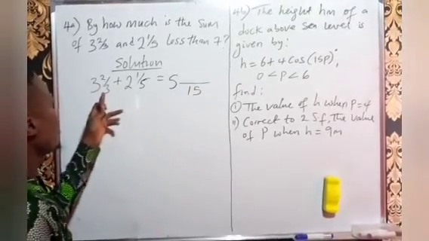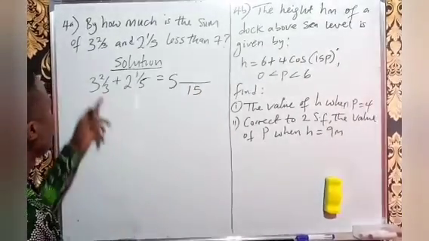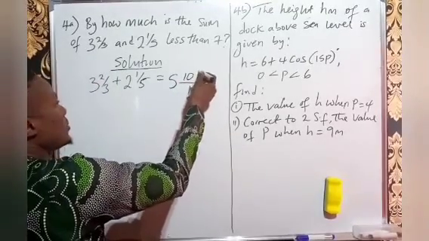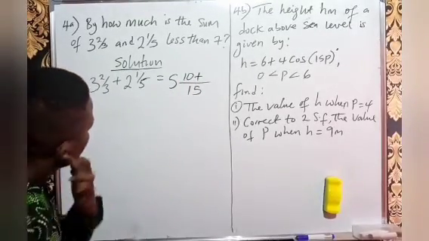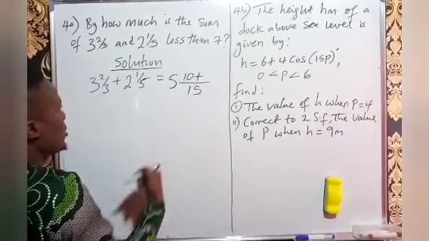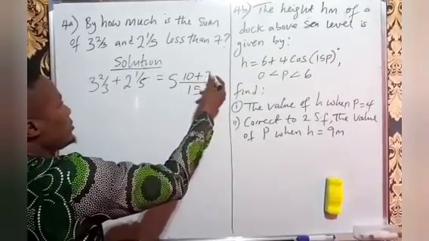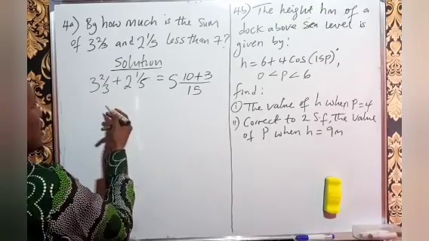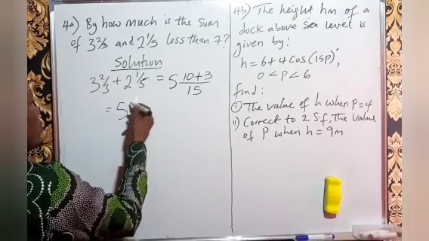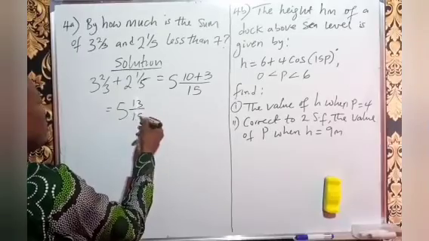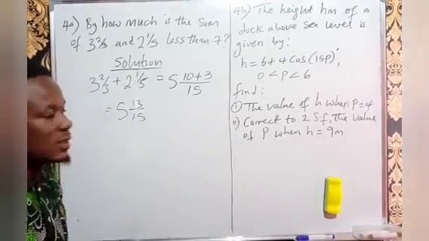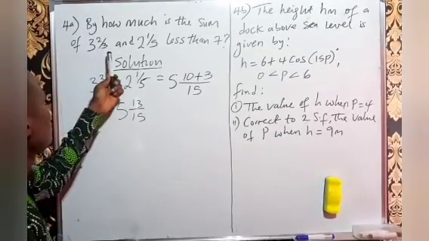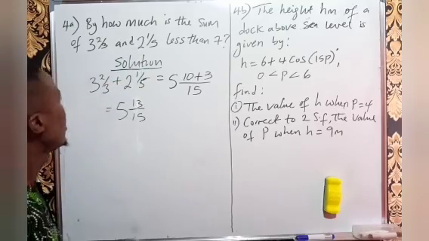Now 15 divided by 3 is 5, and 5 times 2 is 10, plus 15 divided by 5 is 3, and 3 times 1 will give us 3. Okay, so at the end of the day we shall have 5 whole number 13 over 15. That is the sum of 3 whole number 2 over 3 and 2 whole number 1 over 5.